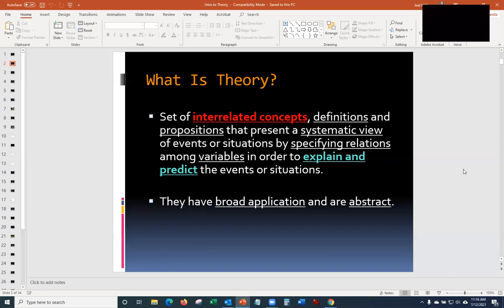Theory comes in very handy when we're interested in doing behavioral research, because if you think about it, there's any number of things that we could measure if we want to understand what are the factors that predict and explain a particular type of behavior.